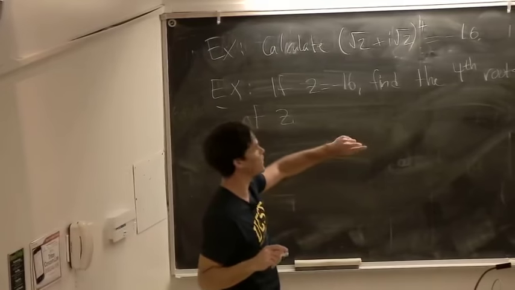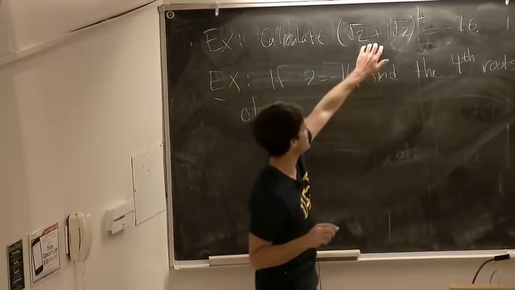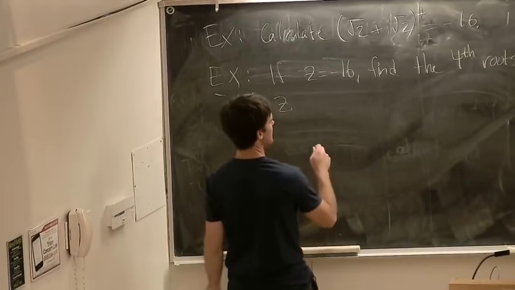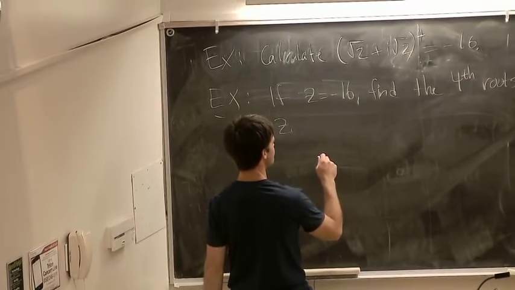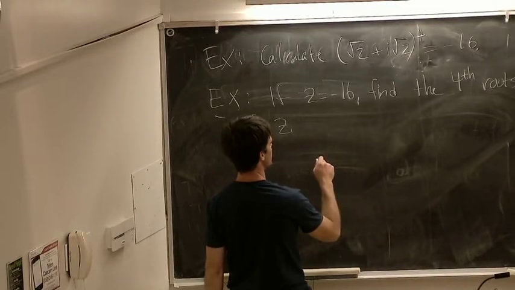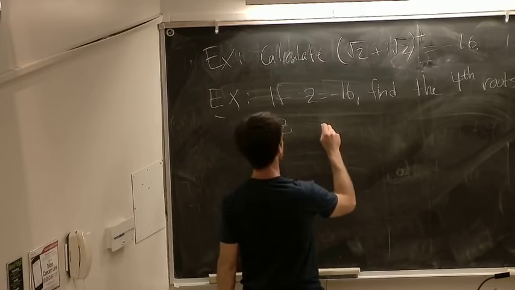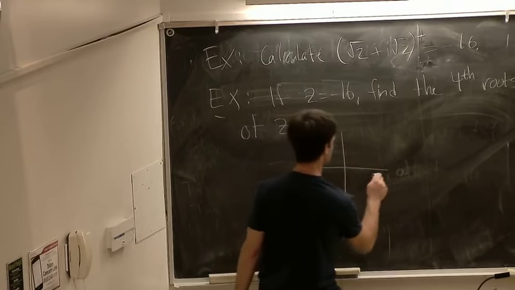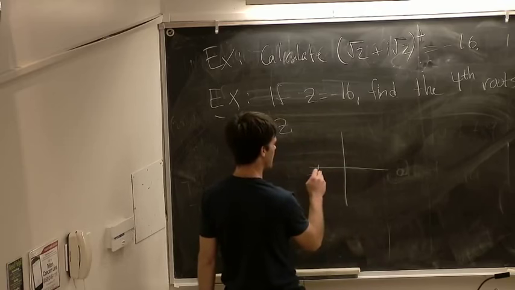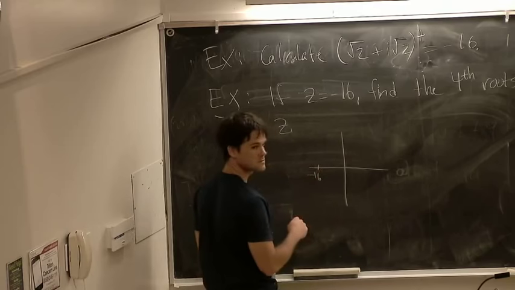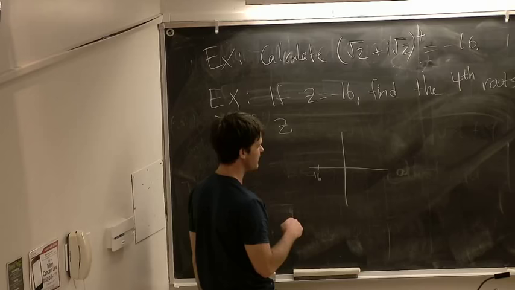And we already know one of them. It's going to be this one. So, all right. First, we want to write it in polar. Here's the point negative 16 in the complex plane.